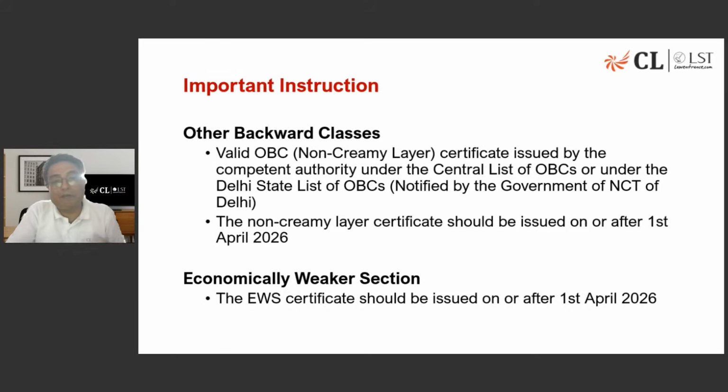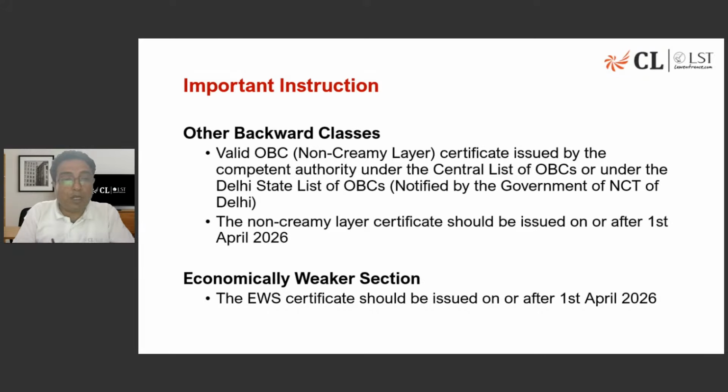So this is very, very important. Only 2 certificates are valid in case you are claiming reservation for the OBC category non-creamy layer. Either your certificate has been issued under the central list or the Delhi state list. But also remember that this certificate should have been issued on or after 1st of April 2026.